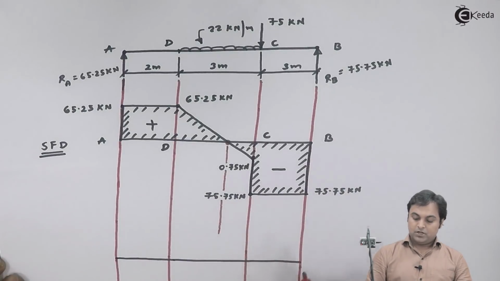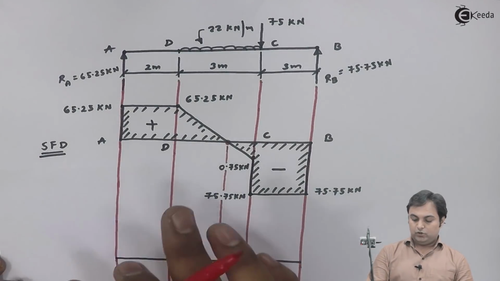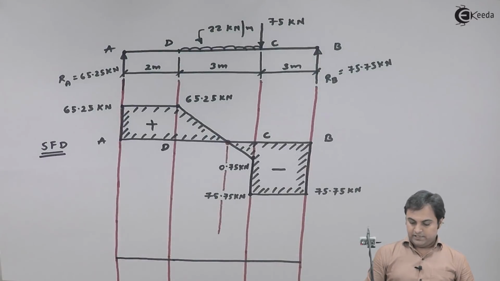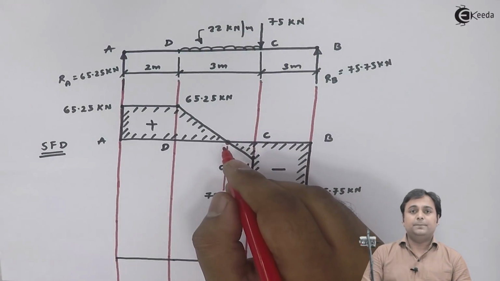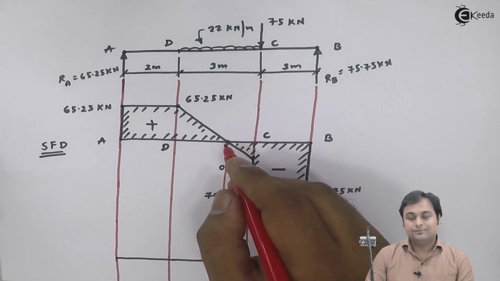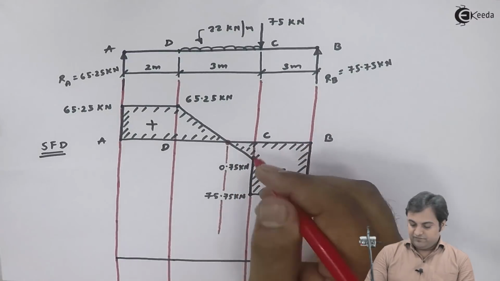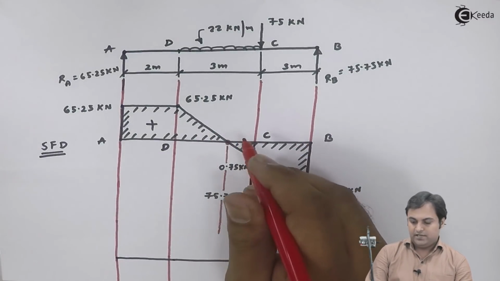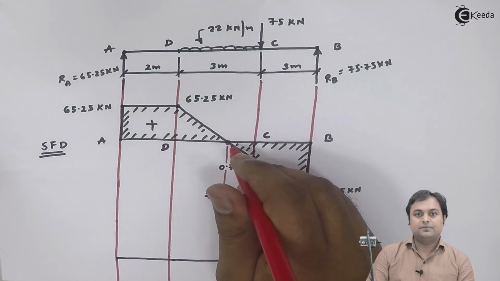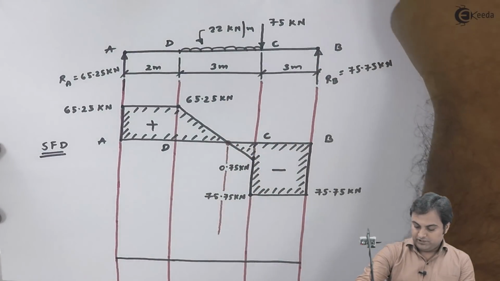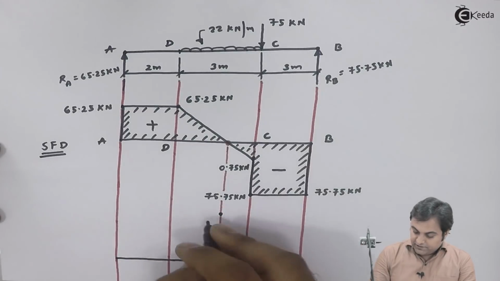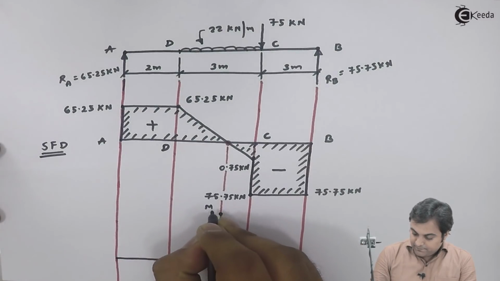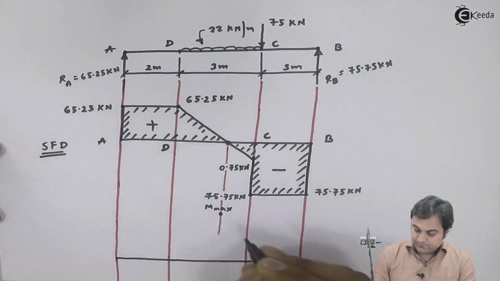Now we have calculated the values of bending moment at all critical points, but where shear force becomes 0, at that point bending moment will be maximum. Or in other words, where shear force is changing its sign, at that location bending moment becomes maximum. So here I would be having one point where I would be getting the bending moment M as maximum.